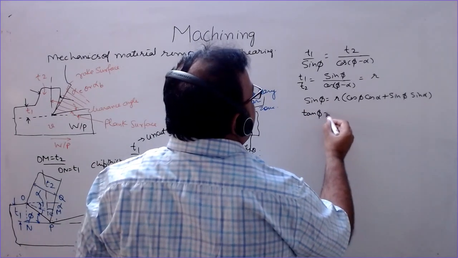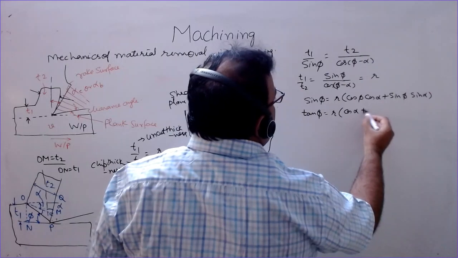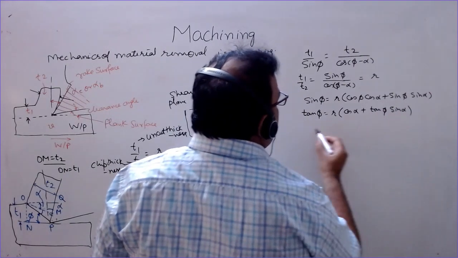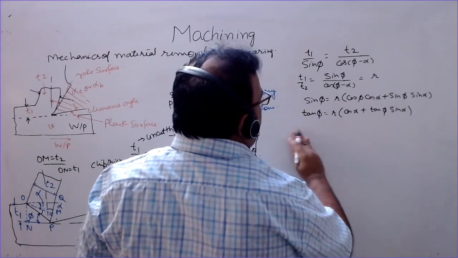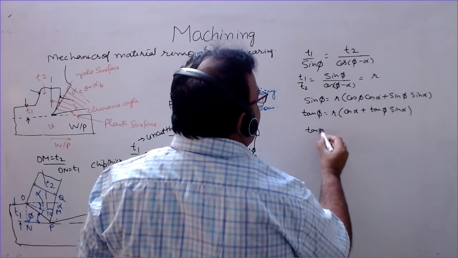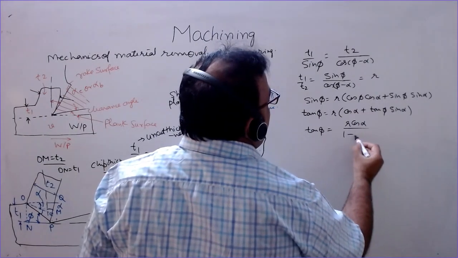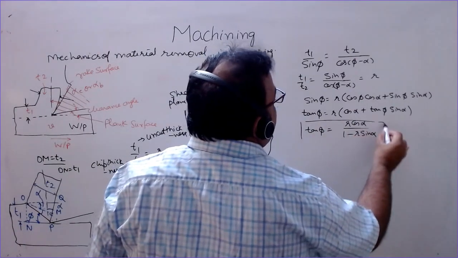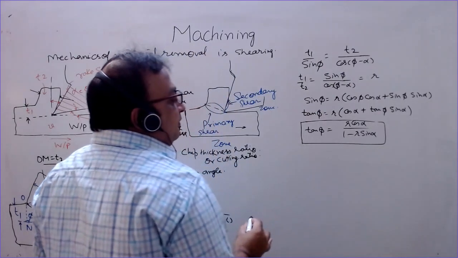Tan phi is equal to R cos alpha plus R tan phi sin alpha, so you can write tan phi is equal to R cos alpha over 1 minus R sin alpha. This is a very important relation which will be used for solving the numerical problems.